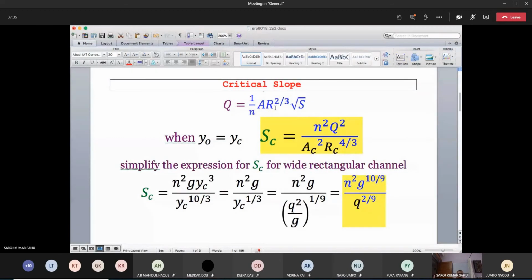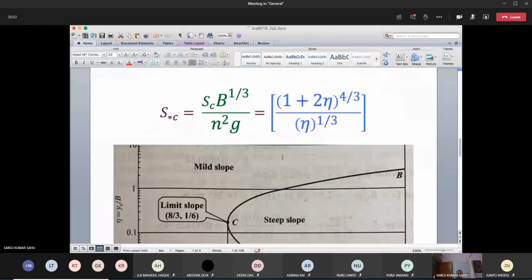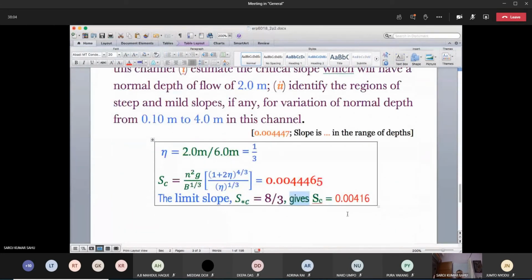If S will increase, then this quantity will decrease with a smaller y. So if the slope is more than the critical slope, y will be smaller, and you will have supercritical flow, and if S is flatter, then y will be larger.